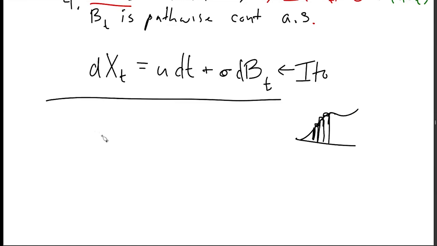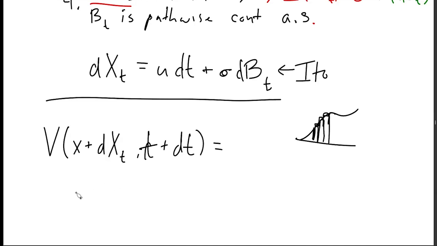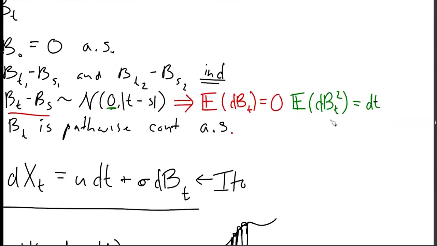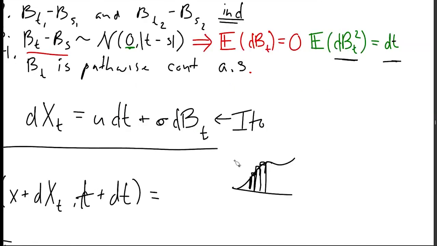So what we want to do is find V(x + dx_t, t + dt). And we're going to do the exact same process that we had before, find a Taylor series, except because this differential squared is of the same order as dt, we're going to have to take a second order Taylor series instead of just a first order Taylor series. So let's do that.